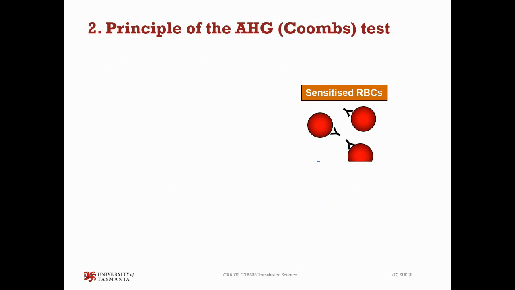Just as a reminder of the Coombs test, this is how the antiglobulin test works and how the anti-human globulin actually bridges the zeta potential. Here we have our sensitized red cell. This is the principle of the Coombs test, or the antiglobulin test. We have our sensitized red cells with our IgG component on them.